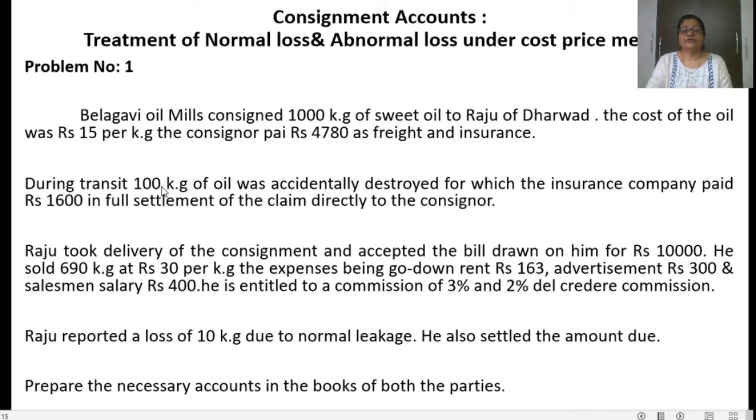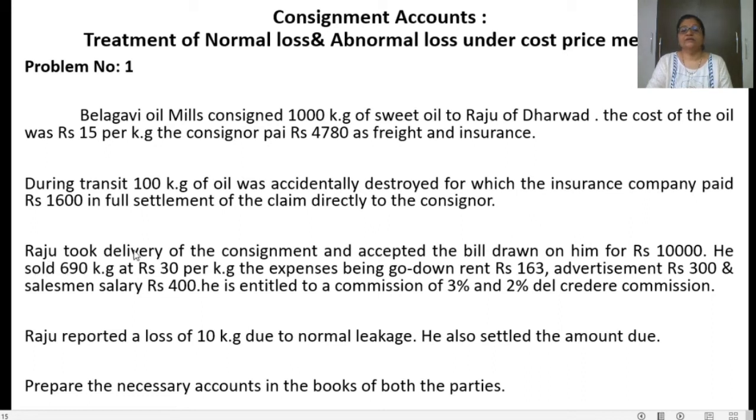During transit, 100 kg of oil was accidentally destroyed. So accidentally destroyed means it is an abnormal loss, for which the insurance company paid rupees 1,600 in full settlement of the claim directly to the consignor, meaning recovery of abnormal loss up to 1,600 rupees.